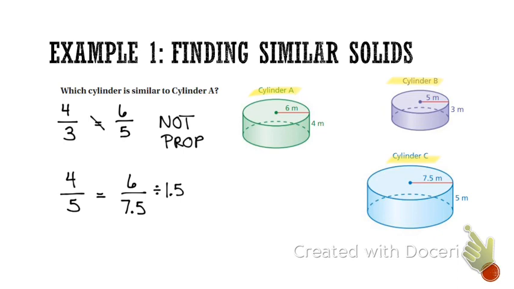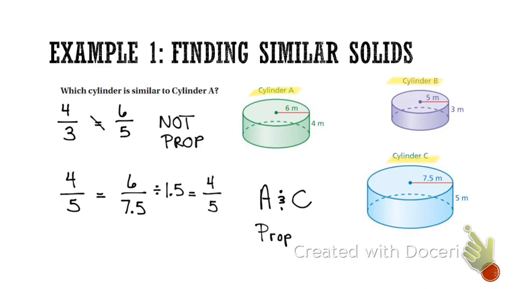So when you reduce 6 divided by 1.5, you get 4, and 7.5 divided by 1.5, you get 5. And so we can see that 4/5 equals 4/5. So yes, A and C are proportional.